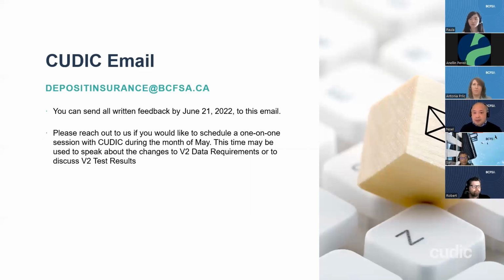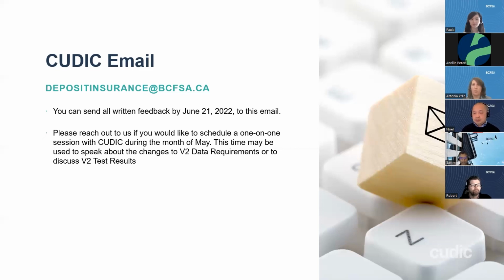And just to remind everyone again that the V3 requirements are, as we said, out for consultation. So there's 3 months to review, to absorb and understand the content that's there, for you to also then put forward your feedback, questions and comments.